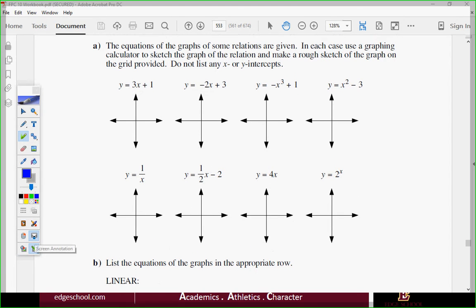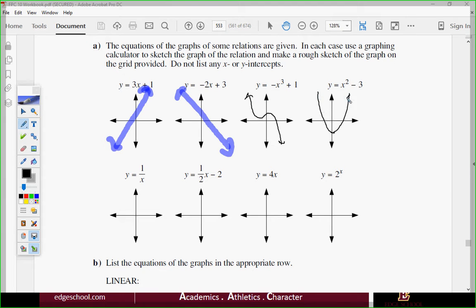So 3x plus 1 will look something like that. Negative 2x plus 3. Negative x cubed plus 1. X squared minus 3. One over x.